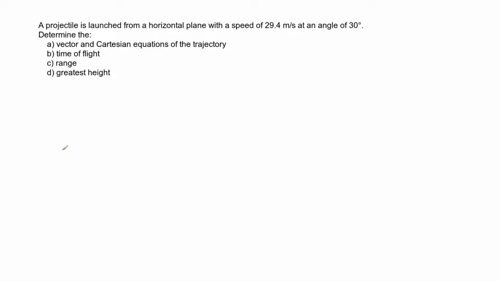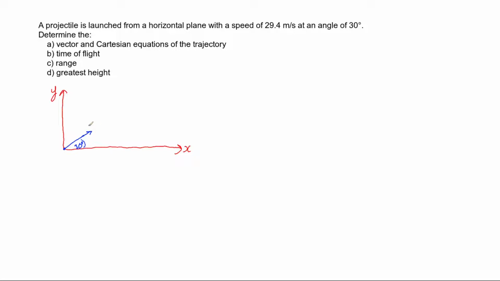So what I mean by the reference frame is basically a set of X and Y axes. For example, I'm going to call my ground, my horizontal plane, X, and vertically above that ground Y. And I've got this projectile which is being launched from my origin at an angle of 30 degrees with an initial velocity in that direction of 29.4 meters per second.